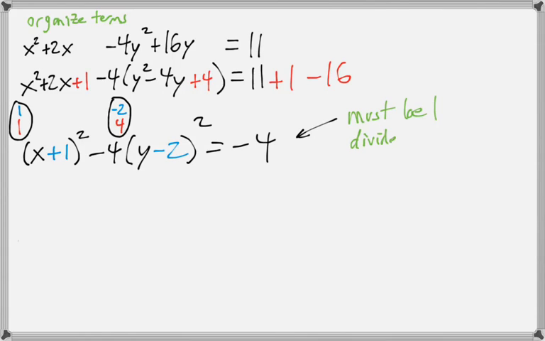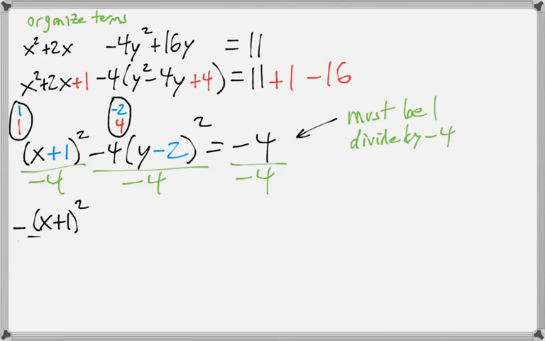So I need to divide by -4. This is going to become a negative x plus 1 squared over 4. These two negatives will cancel out, so it's going to be plus y minus 2 squared over 1 is equal to 1.